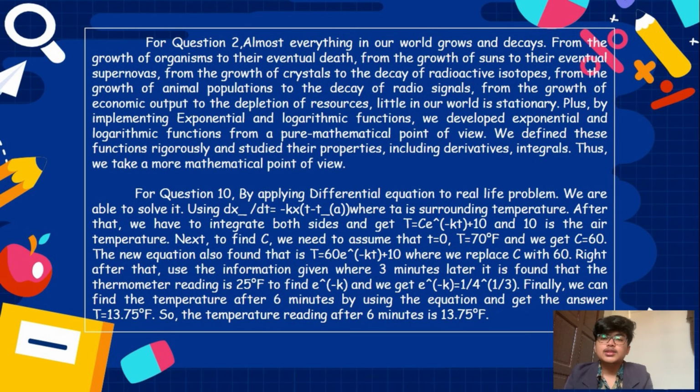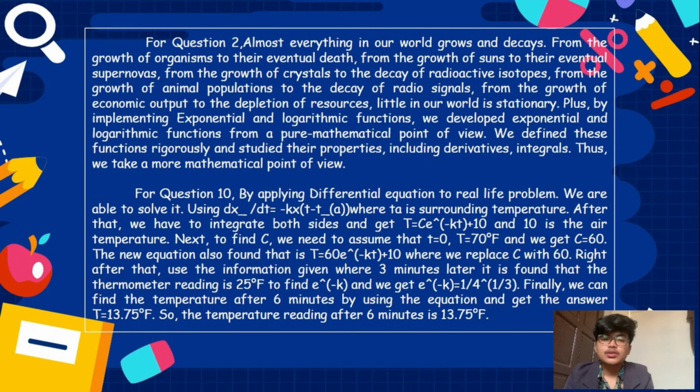Using dT over dt equal to negative k times the bracket T minus TA, where TA is the surrounding temperature, we integrate both sides and get T equal to C e to the power of negative kt plus 10, where 10 is the air temperature. To find C, we assume that t equals 0 and T equals 70 Fahrenheit, and we get C equal to 60.